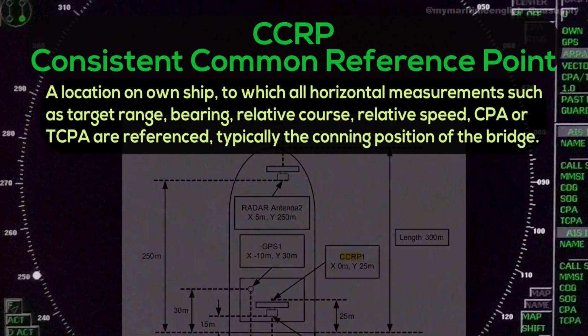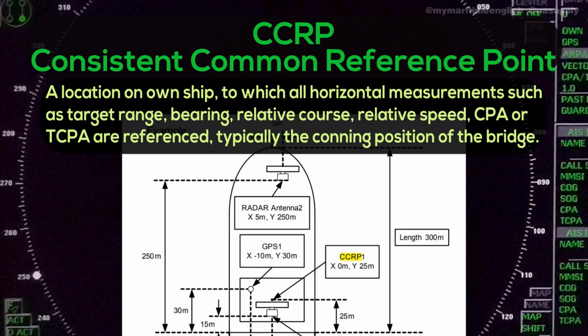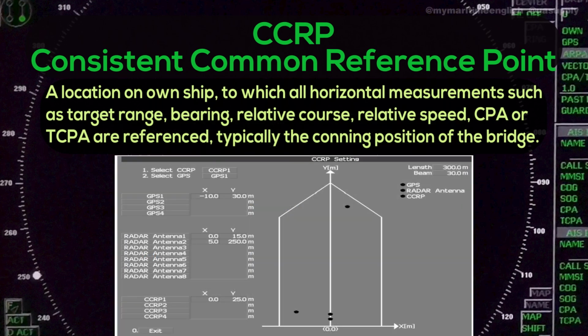CCRP, Consistent Common Reference Point. A location on own ship to which all horizontal measurements such as target range, bearing, relative course, relative speed, CPA or TCPA are referenced, typically the conning position of the bridge.